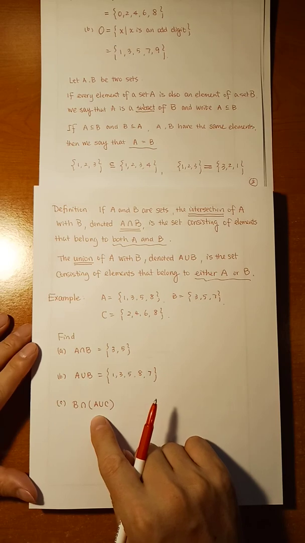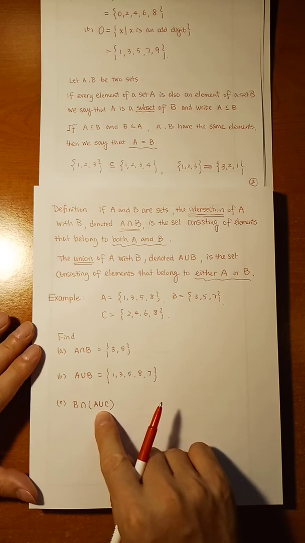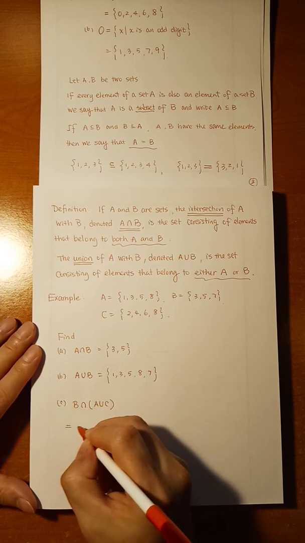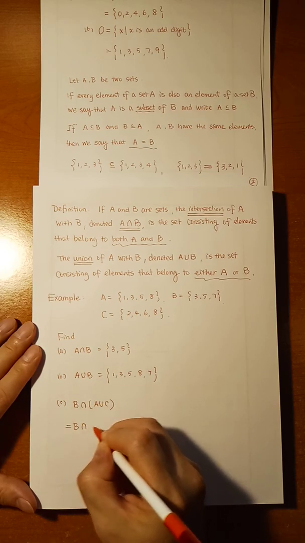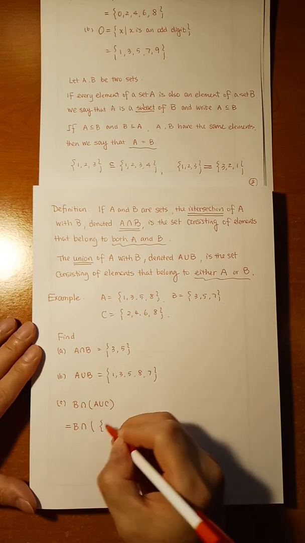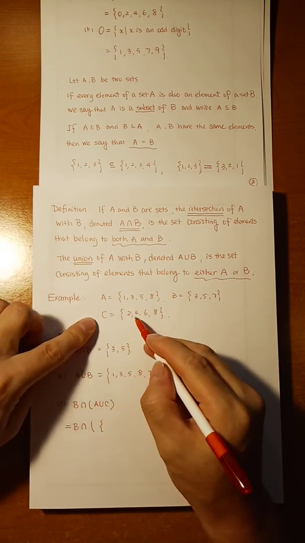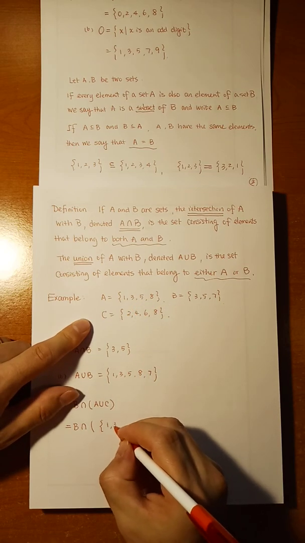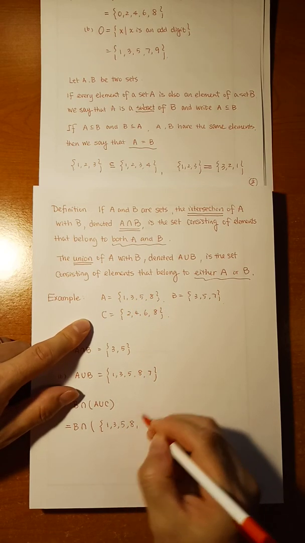So with this parenthesis, it means you're going to compute the union of A with C first. Okay, so let's check. B intersect the union of A with C. A union C, you see 1, 3, 5, 8. This is A.